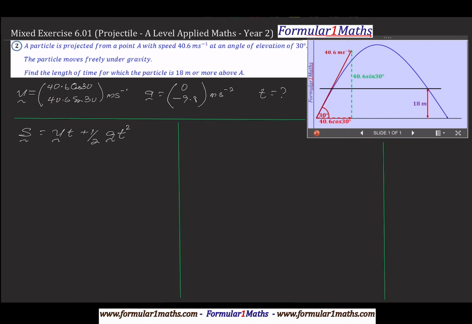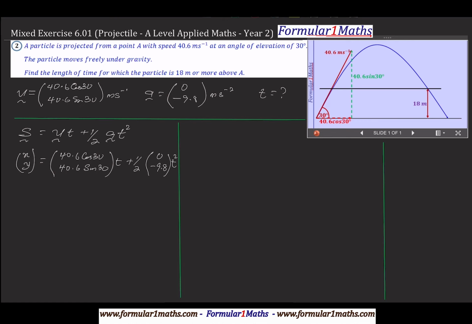For s, that will be (x, y) equal to (40.6 cos 30, 40.6 sin 30) all times t, plus half (0, minus 9.8) t squared.